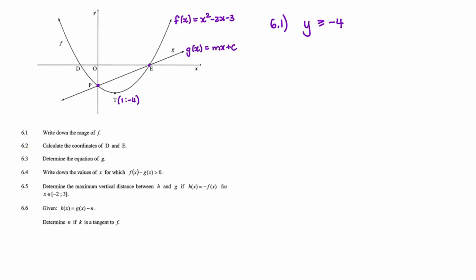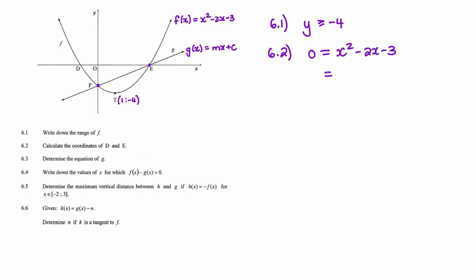6.2, calculate the coordinates of D and E. So the points D and E are the x-intercepts of the graph of f. So we know that at the x-intercepts, y is equal to 0. So we'll have 0 is equal to x squared minus 2x minus 3.